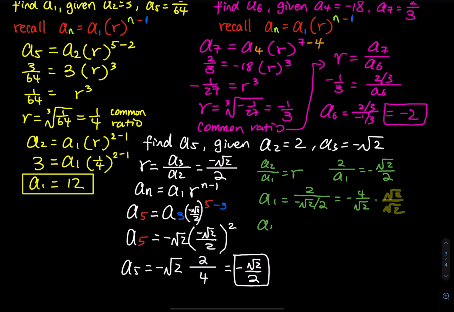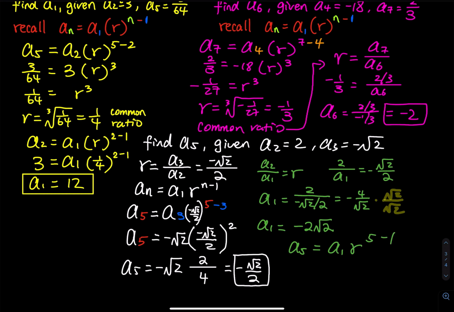So the bottom gets you a 2, and the 2 and the 4 becomes a 2. So we have -2√2. That is your a1. And then we are going to do that: a5 is equal to a1 times r to the 5 minus 1.